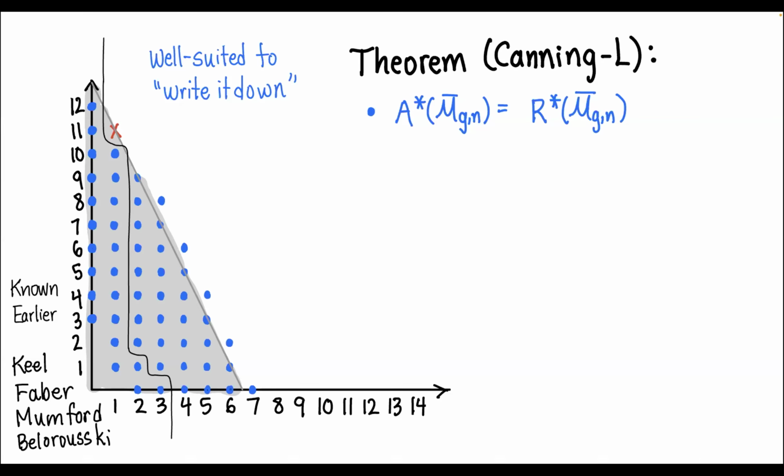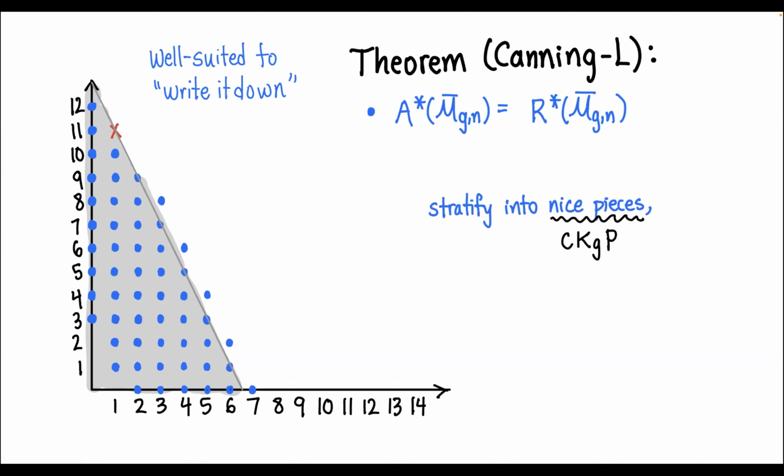Okay, but to advance beyond these previously known cases, we stratify the moduli space into a bunch of really nice pieces, and we observe that these pieces have a certain key property, which is called the Chow-Künneth generation property. I'm not going to go into what that means, but this is the part of the talk where I want you to think back to projective space from the very beginning.